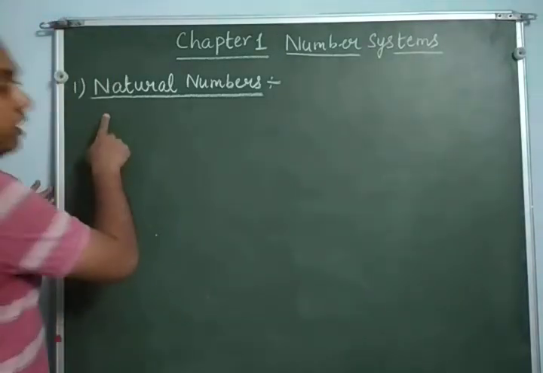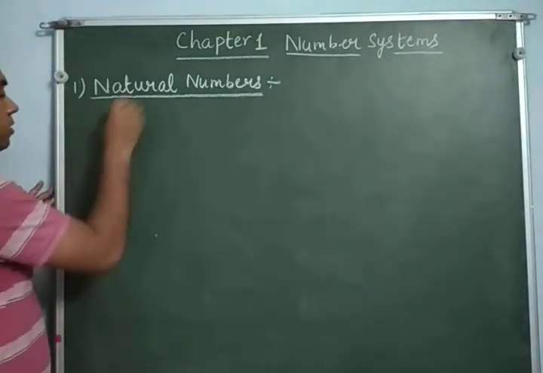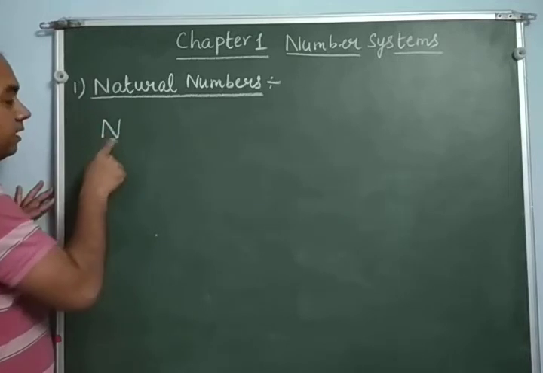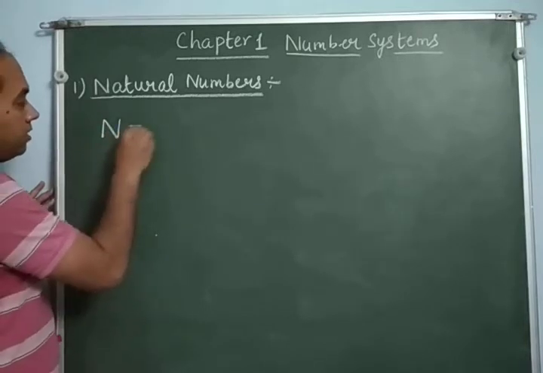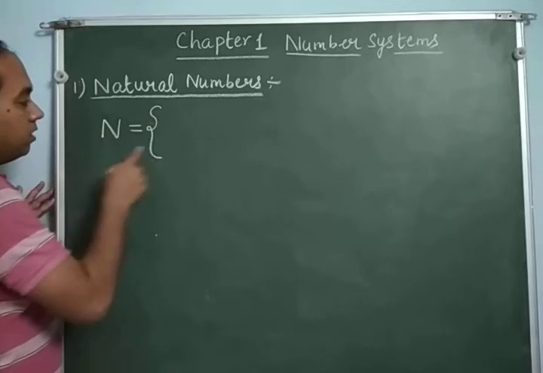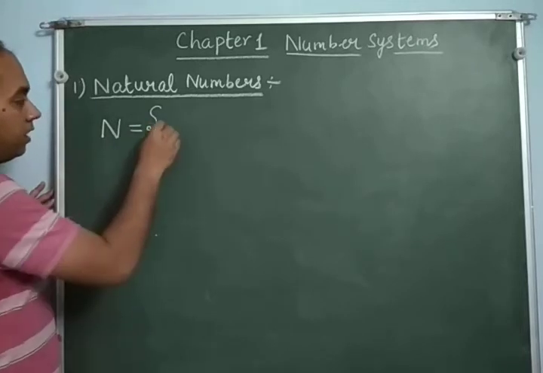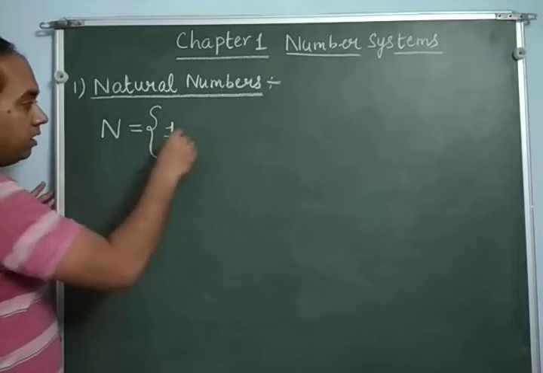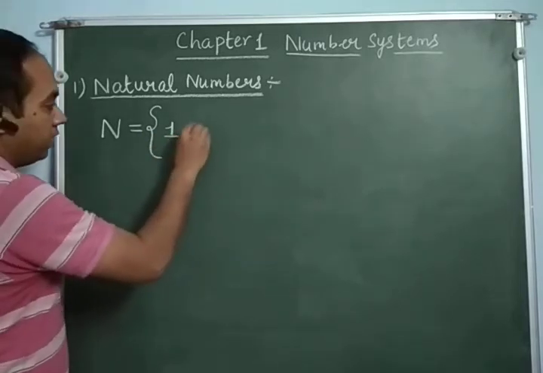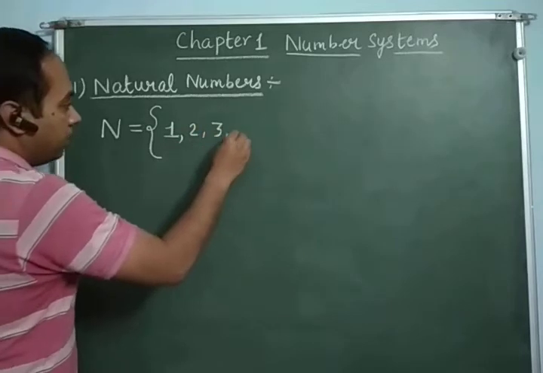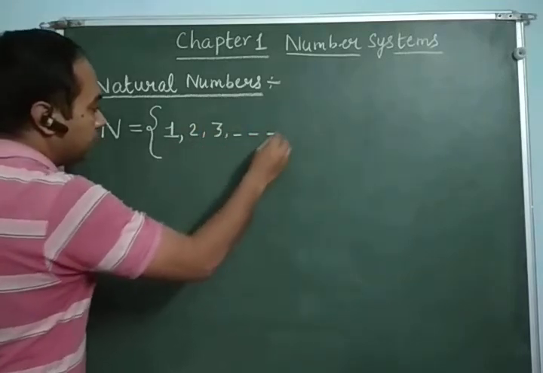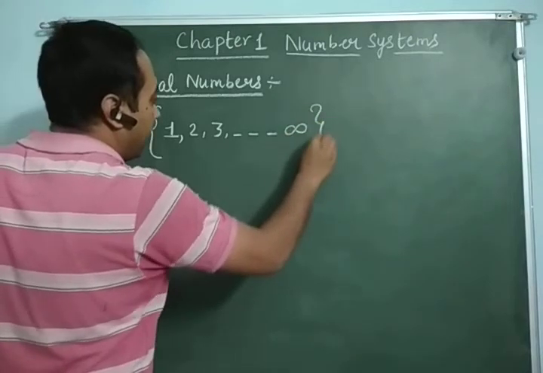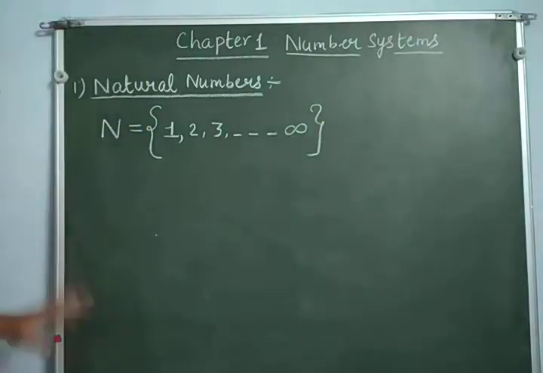Now the collection of natural numbers is represented by capital N, and this is equal to, now see, I am putting a brace over here. The first number that I will write is 1, then I place a comma, then 2, then 3, then after that I put 3 dashes, and in the end I will write infinity, and again I will put a curly bracket over here.